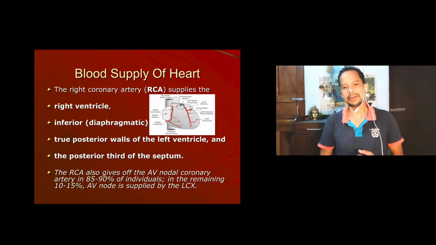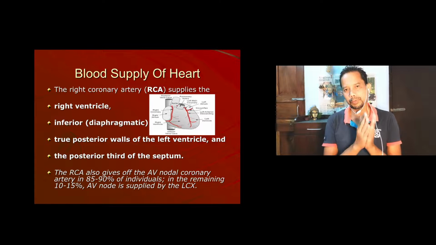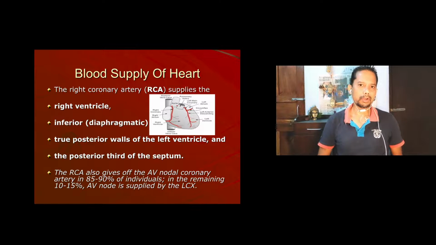We have always discussed that inferior wall MIs usually present with bradyarrhythmias, blocks, complete heart blocks, secondary blocks, while lateral wall MIs and anterior wall MIs usually come with tachyarrhythmias, because in inferior MI the AV node is knocked out as the right coronary is blocked. So the AV node malfunctions.